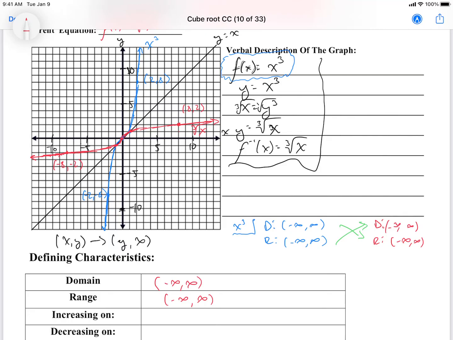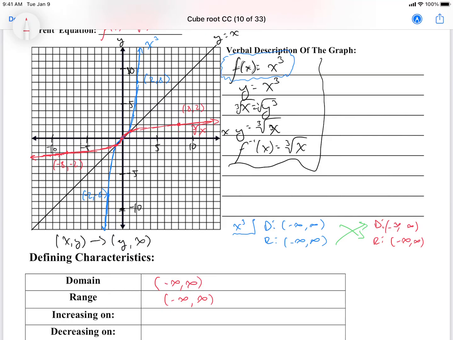Now, when you're looking at this function, is it always increasing or always decreasing, or does it look like it changes up everywhere? It's actually always increasing.